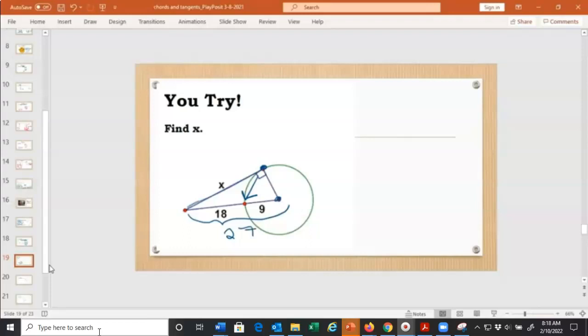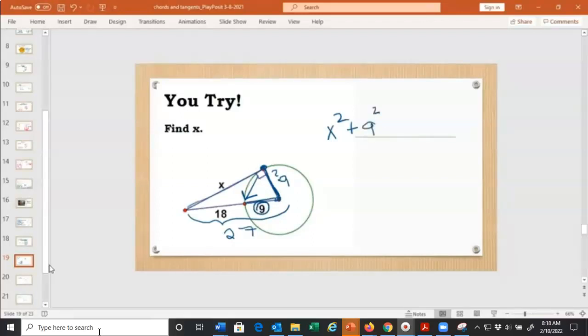So let's find x. We're going to set it up: x squared plus what? This is the other length of that triangle. How can we figure this length out? Well, look, it's a radius, from the center to the edge. And this is also a radius from the center to the edge. So these are both 9.